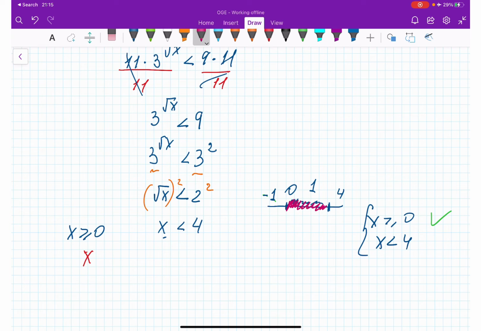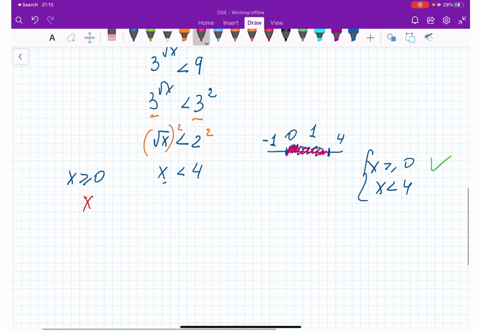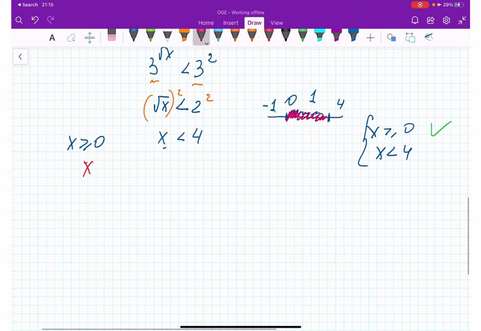Therefore, the only answer we are going to have is x greater or equal to 0 and less than 4. And that's going to be our solution.